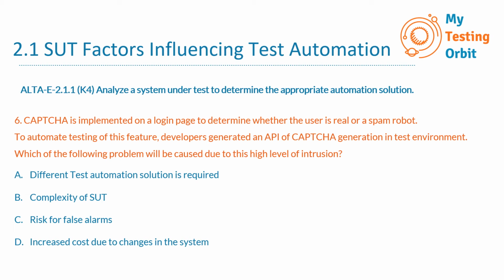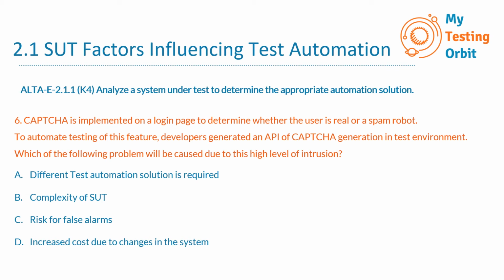Okay, so which means that we had to make changes which are only applicable for test environment and not in the real environment. So this is high level of intrusion, and when we do high level of intrusion, its risk is false alarms. So C will be the right option. And what are false alarms?